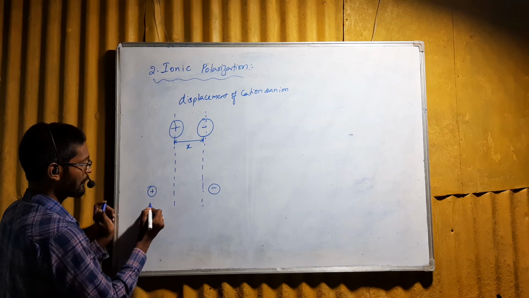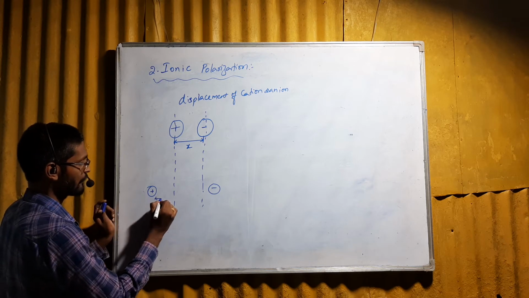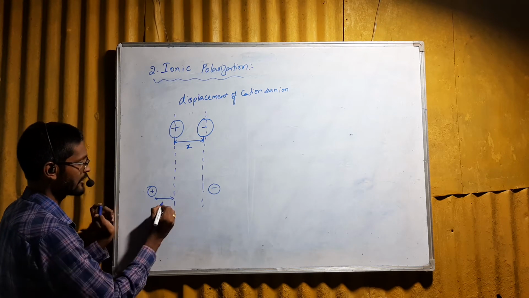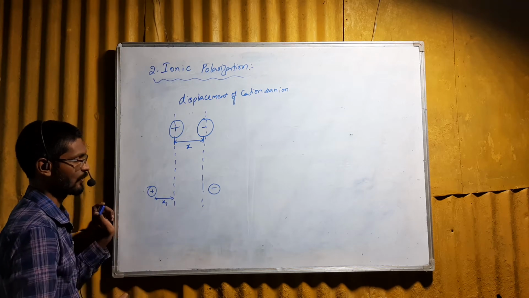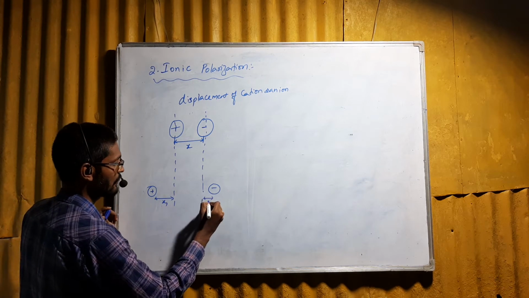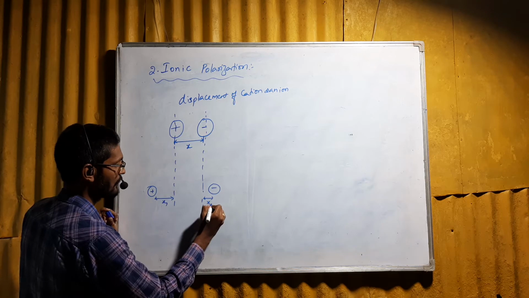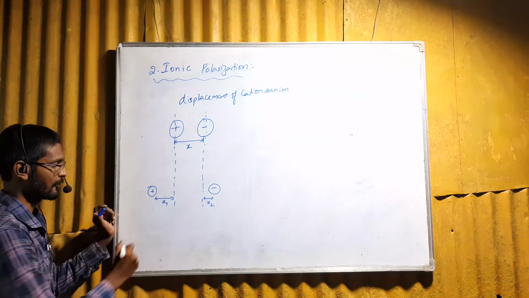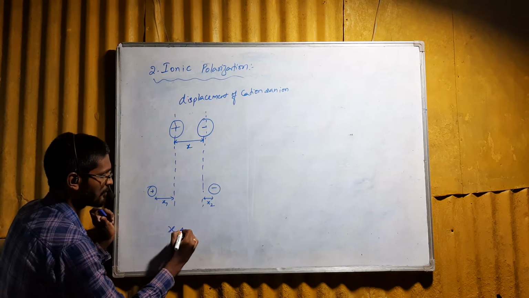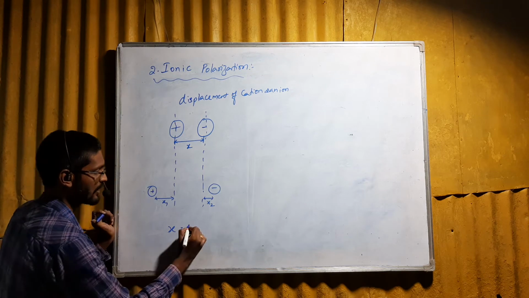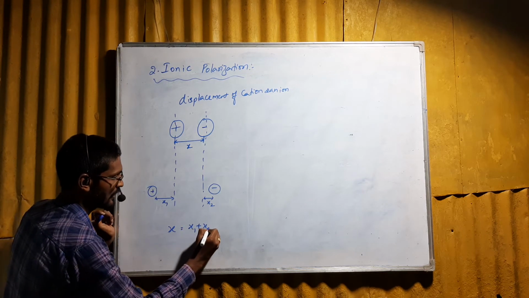Due to application of electric field, this positive ion is displaced by a distance x1 and this negative ion is displaced by a distance x2. Therefore the total displacement produced can be given as x is equal to x1 plus x2.